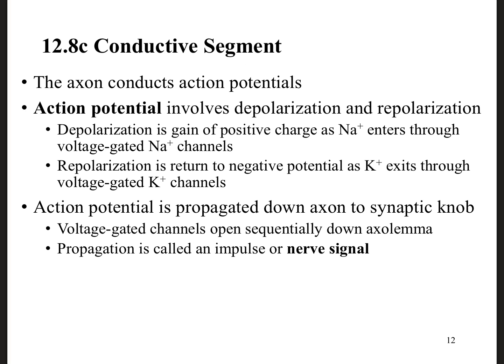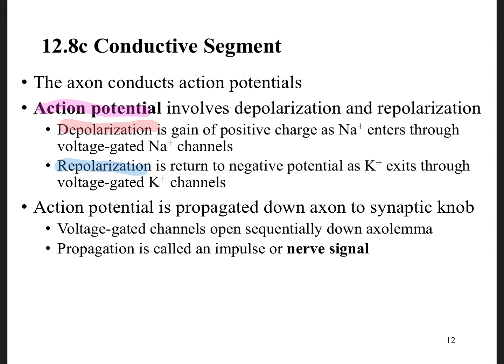Same thing happens as we move down the conductive segment or the axon, right? So your action potential leads to depolarization followed by repolarization, okay? And it's propagated down the axon, down to the synaptic knob. That voltage change is carried out, what we call propagated, down the axon.